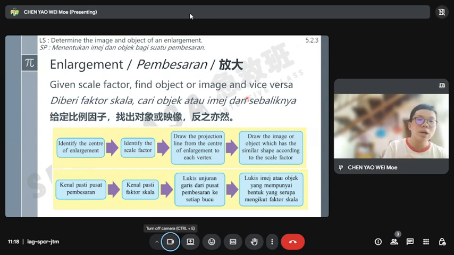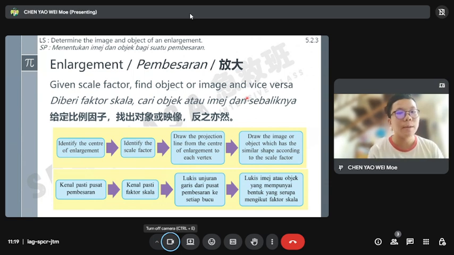Connect all the points and find the ratio, the scale factor is the same. Later, draw the image of the object which has a similar shape according to the scale factor.